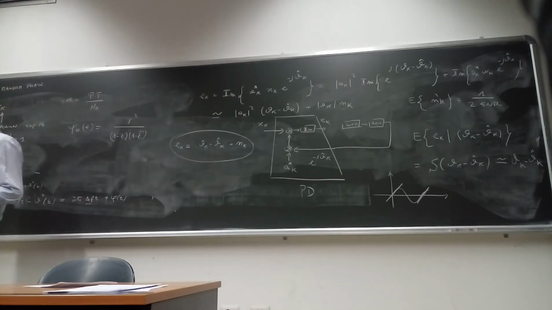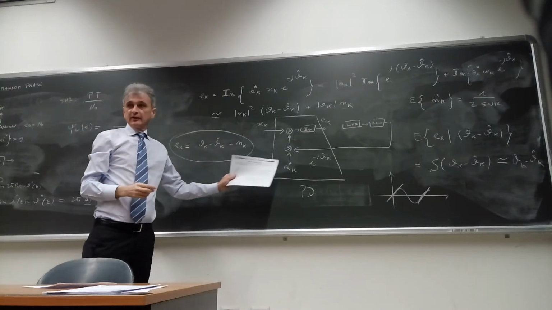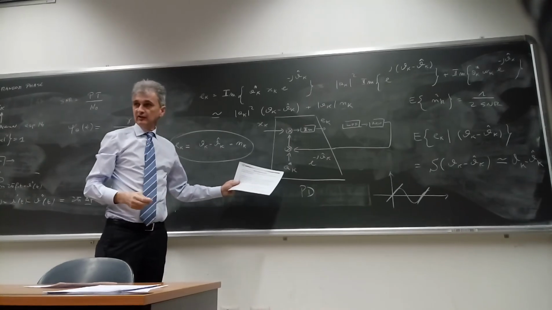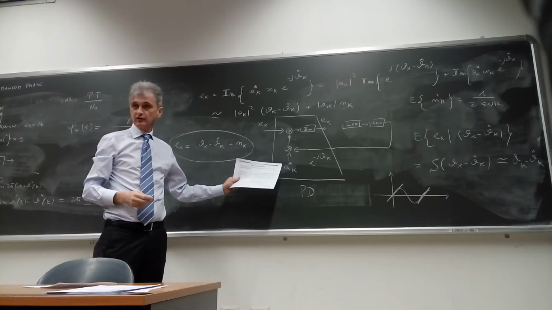Yes, I have a question. What happens when we don't have a training sequence? Because, okay, I have a training sequence, I can use it for starting up the PLL, the carrier recovery.